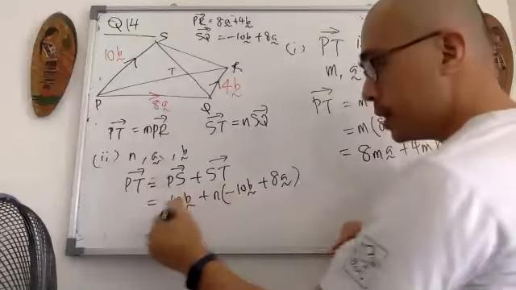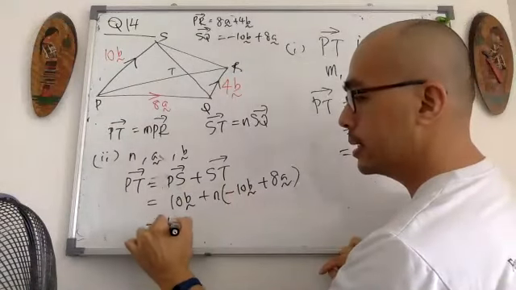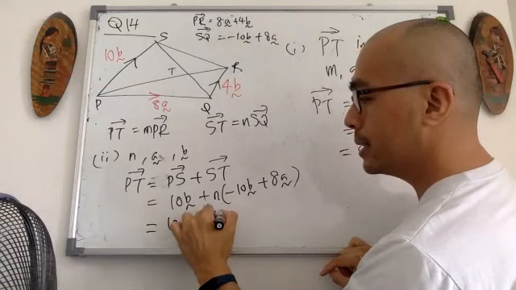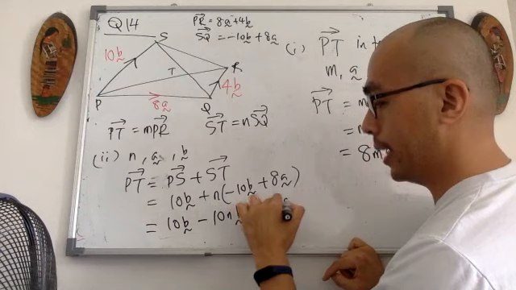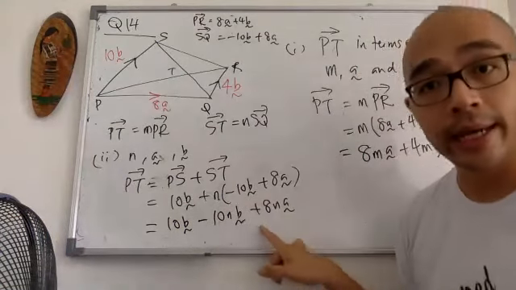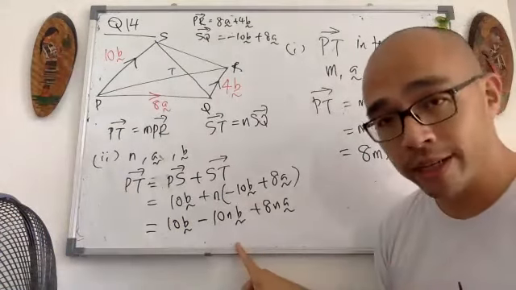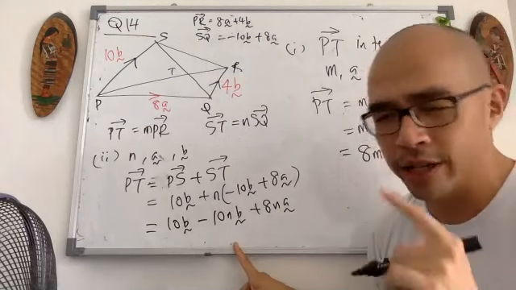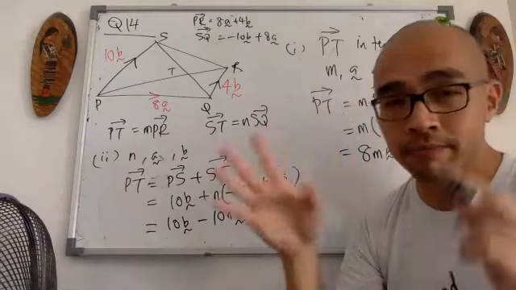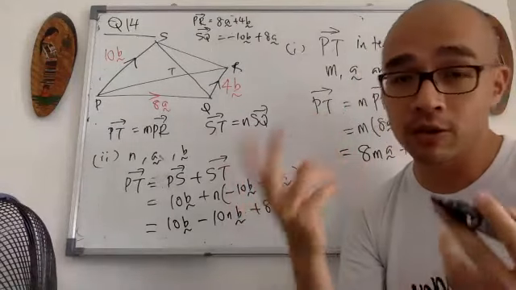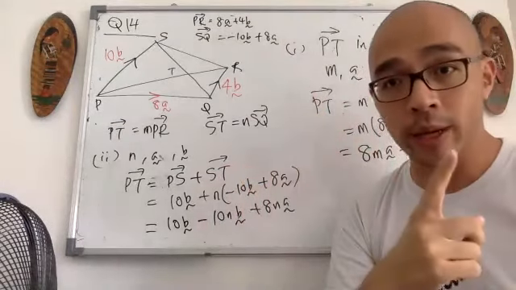So I'm going to expand this: 10B minus 10NB plus 8NA. And as I said before, whenever you do a vector question, the final answer cannot be 3 terms, it has to be maximum 2 terms. If it's 2 vectors, every vector is 1 term.